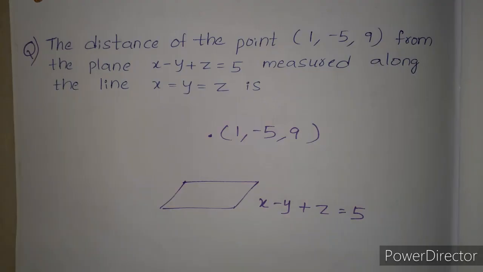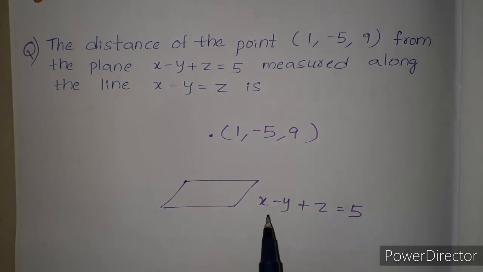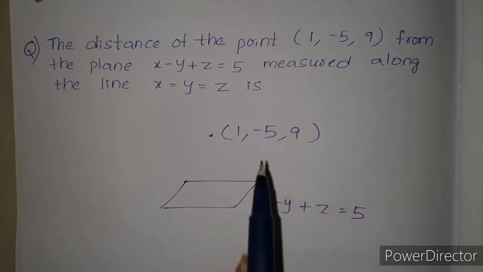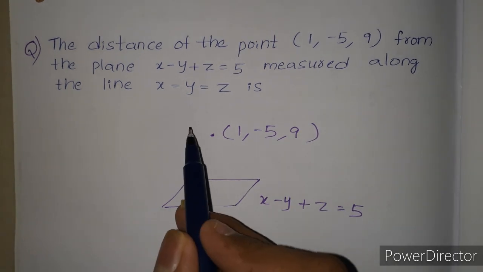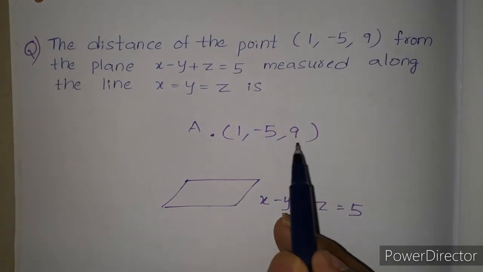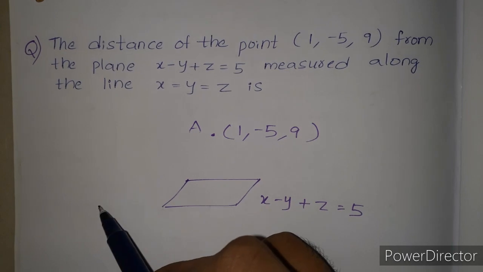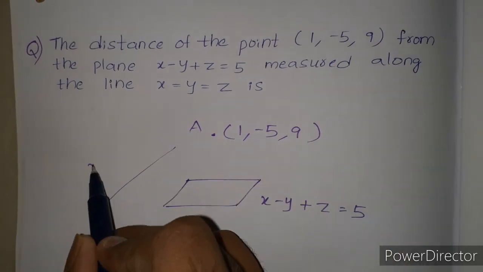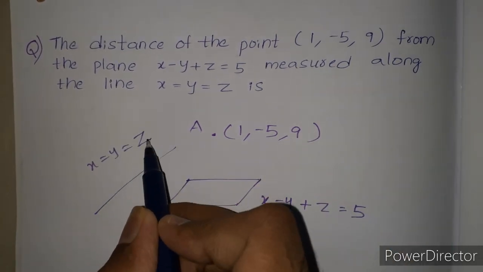The given problem is we need to find the distance of the point (1, -5, 9) from the plane x - y + z = 5 measured along the line x = y = z. So let us consider a plane x - y + z = 5, and let this be the point (1, -5, 9) and this be the line x = y = z.